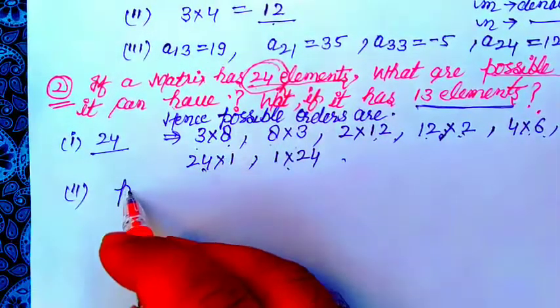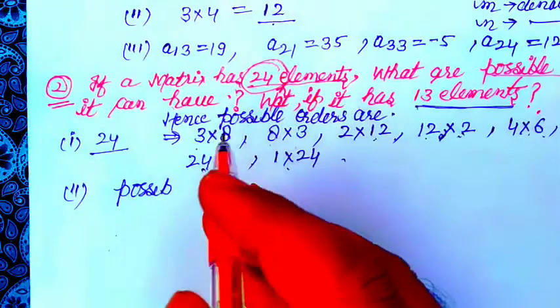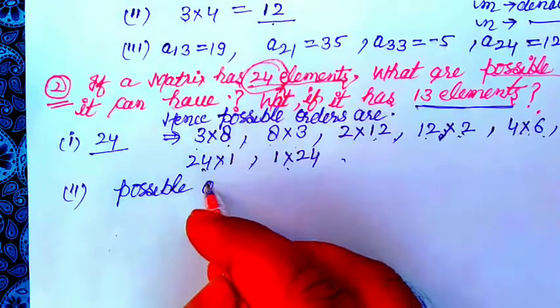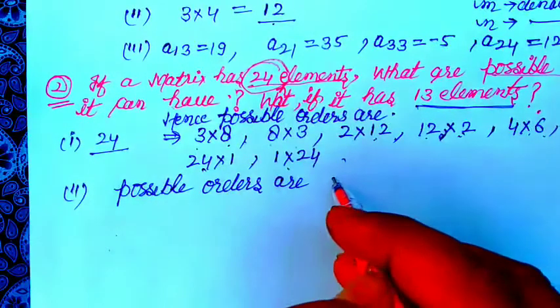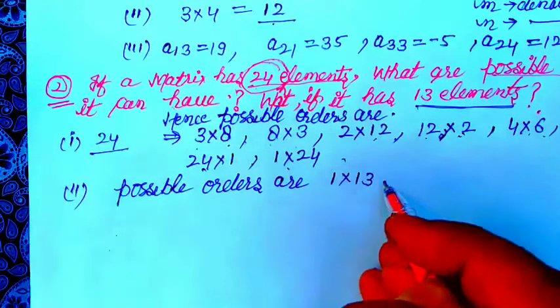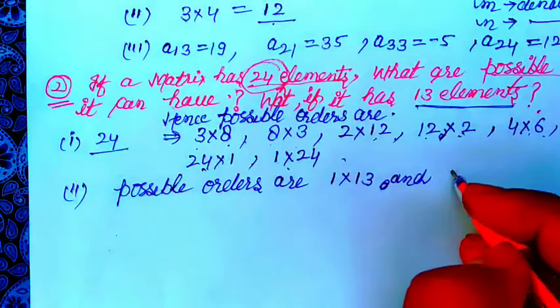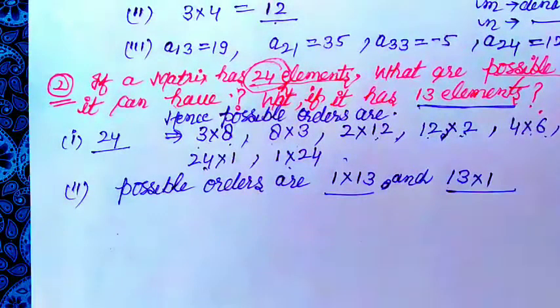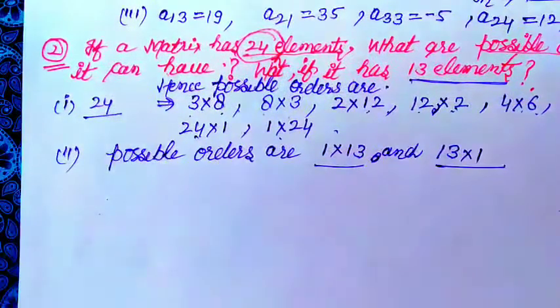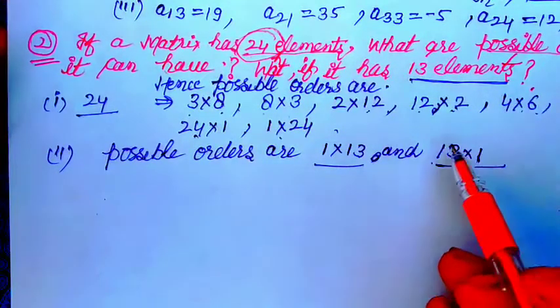The possible orders are 1 by 13 and 13 by 1, because 13 is a prime number. So 13 has only 2 factors. So 1 row 13 columns, and 13 rows 1 column, isn't it?